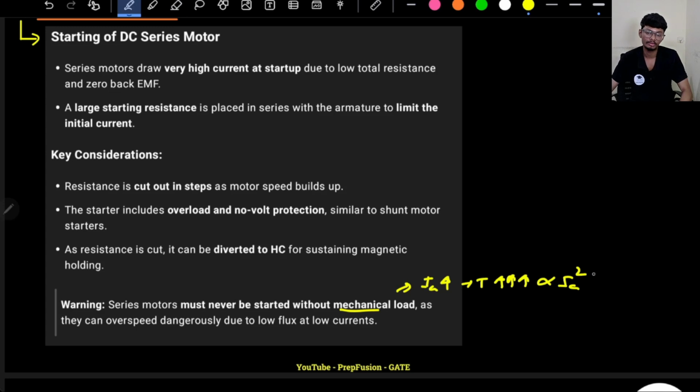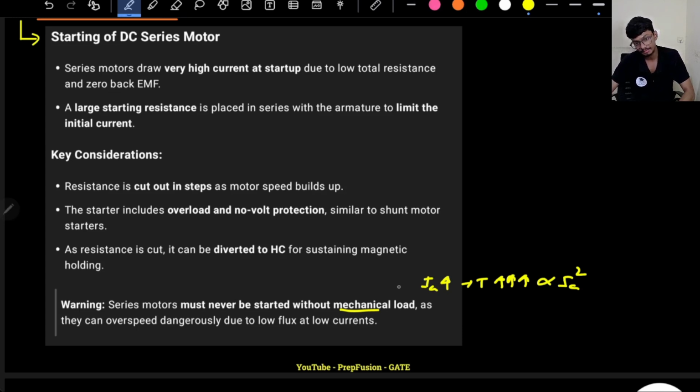There will not be any opposing torque, so the motor will rotate very fast initially. That is why we never want to use our DC series motor at no load. That is during the starting.